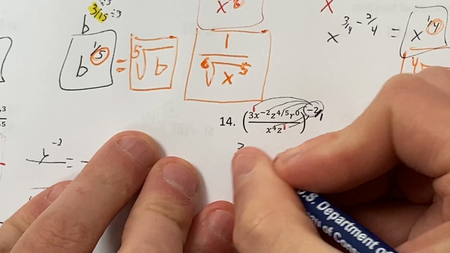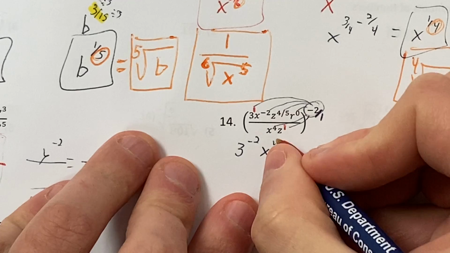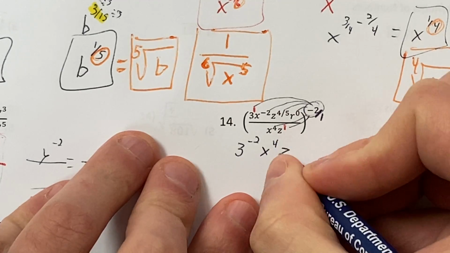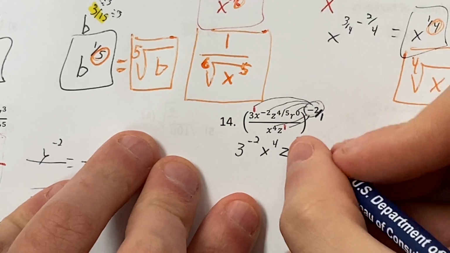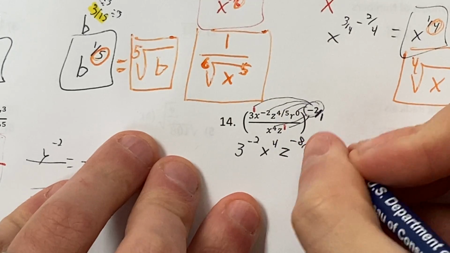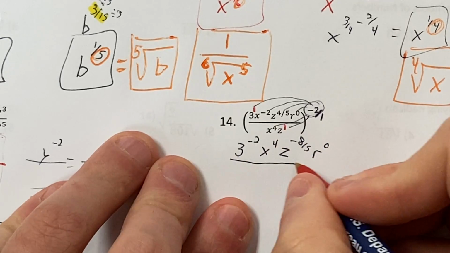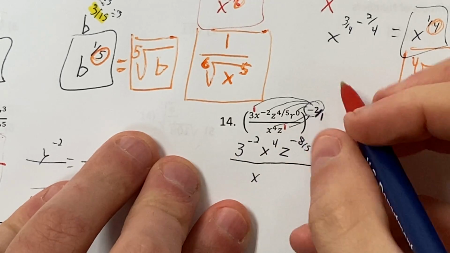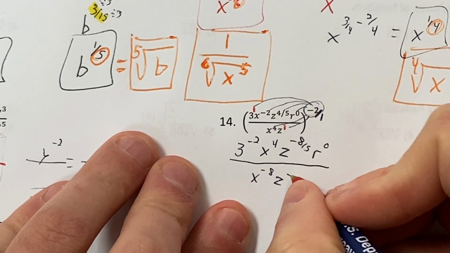So it'll be 3 to the negative 2, x to the positive 4, z, 2 times 4 is 8, so this will be negative 8 over 5, and r to the 0 times negative 2 is just 0 again. x, 4 times negative 2 is negative 8, and z to the negative 2.